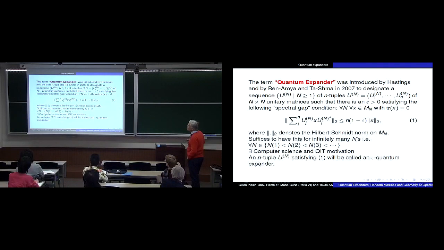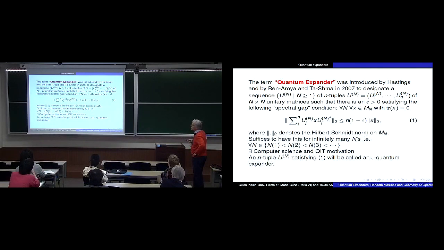And we assume a spectral gap condition, which is written here. That is, you have this inequality restricted to matrices X of trace 0, and you obtain an inequality which is better than the triangle inequality.